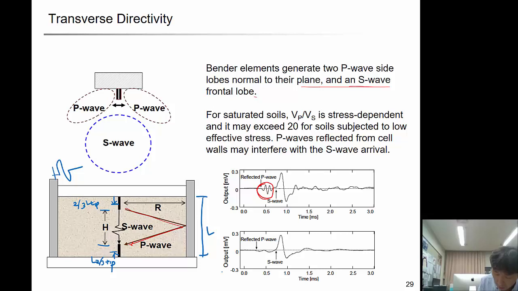Because in that time we didn't know where the wave is generated. From the cantilever beam theory, when you have this kind of bender and it's deflecting like this, we thought that the S wave is generated at some point here, at 2/3 of the protrusion length of the tip.